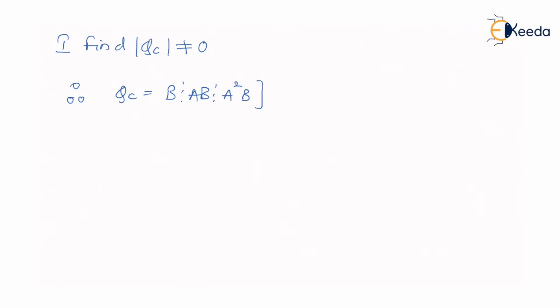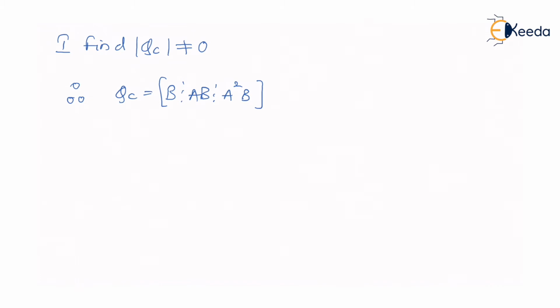So let us go for step number 1, finding the controllability, which means that the QC determinant value should not be equal to 0. Therefore, since the problem is for a third order system, I can say QC is equal to [B AB A square B]. This is the QC matrix.